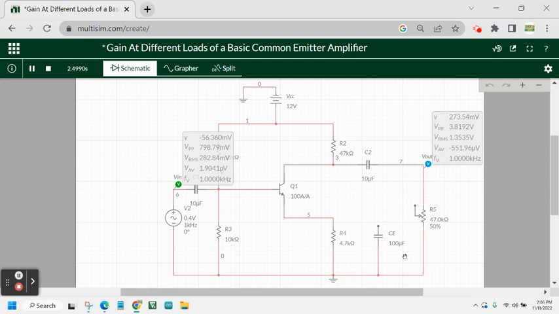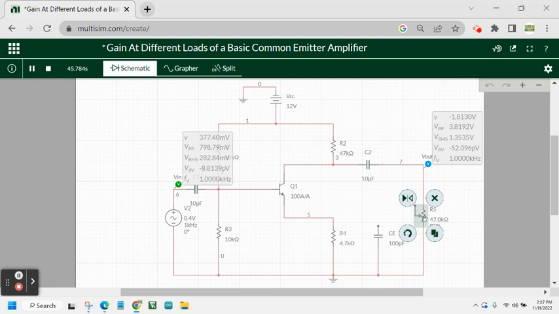As you can see, the resistance of 47 kilo ohms made the peak to peak voltage go from 6.8 to become lower at 3.8192. So it means that there is an effect of the load resistance on the gain. Before, without the load resistance, we have an output voltage of 6.8, and now it becomes 3.8.